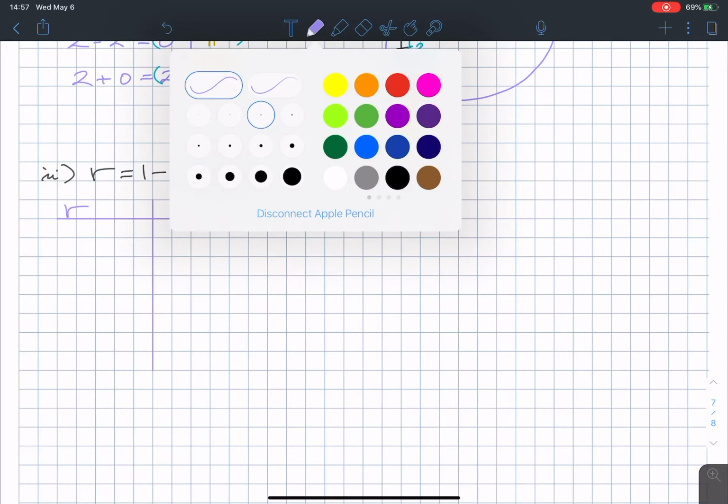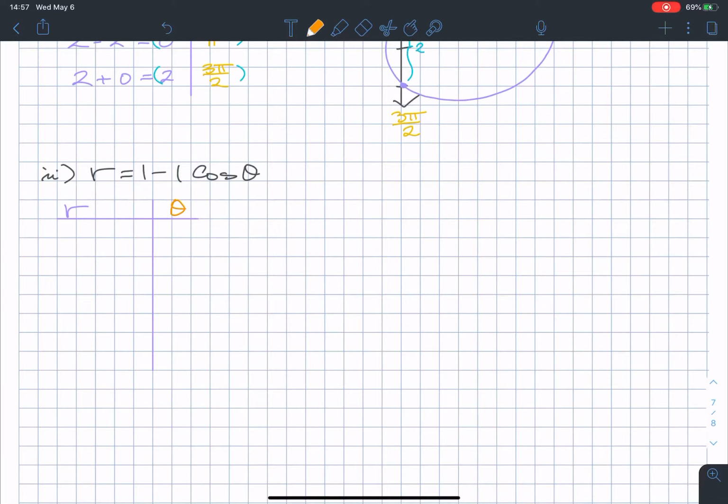So this time let's have theta be in orange. So 0, pi over 2, pi, 3 pi over 2. So the corresponding radius will be 1 minus 1, which is 0 for the first term.